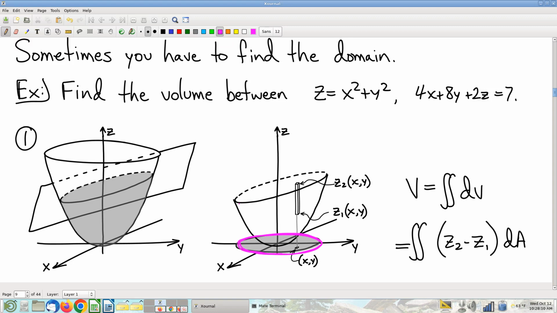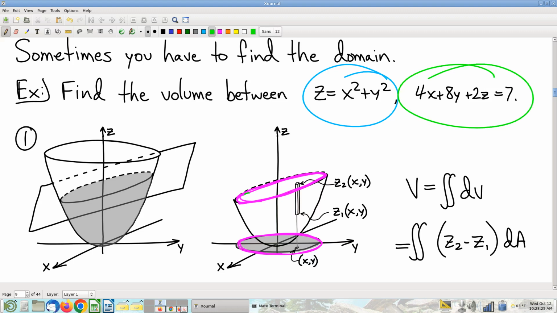That curve comes from this edge, if you will. That edge comes from where these two surfaces intersect, and my surfaces are that and that, right? There's the green surface, and here's the blue surface. I want to know where the green intersects the blue.